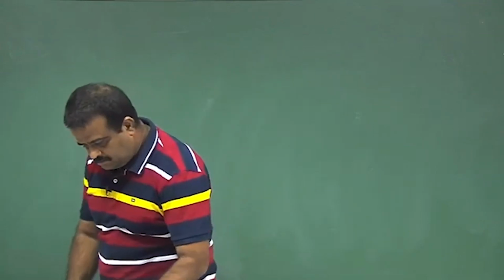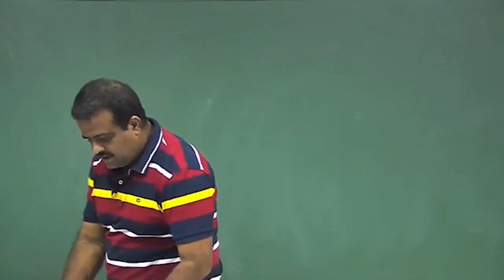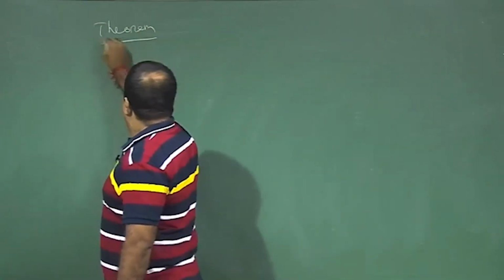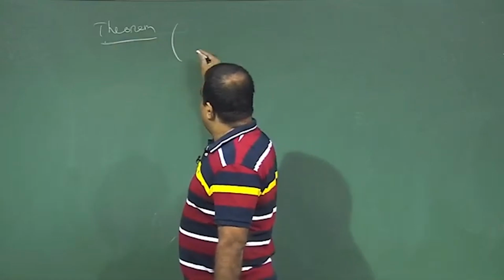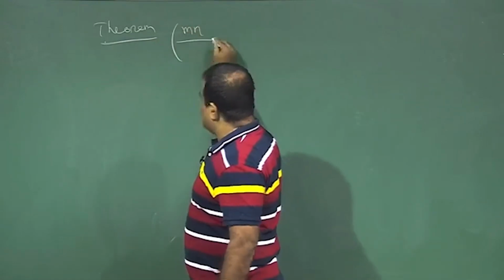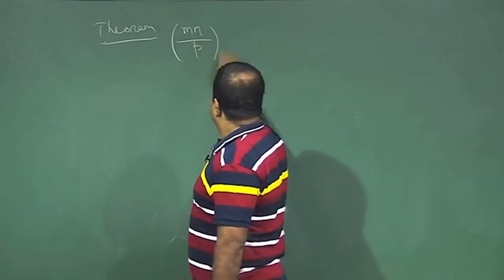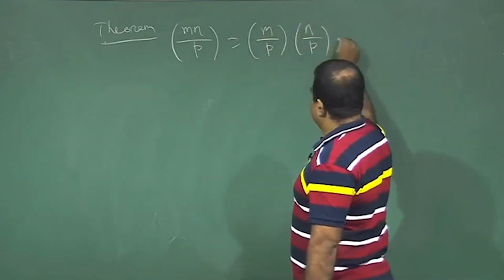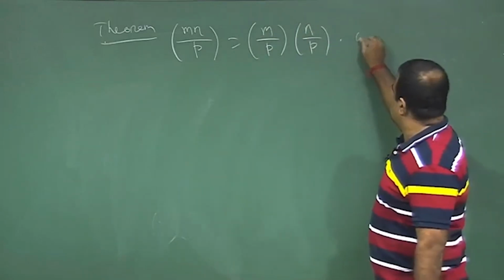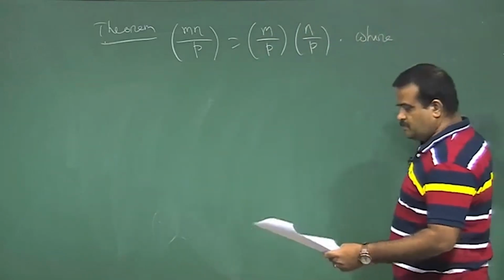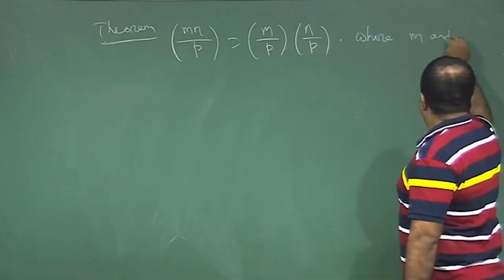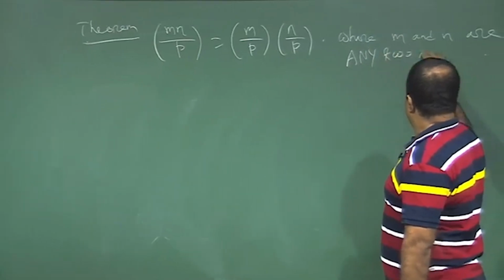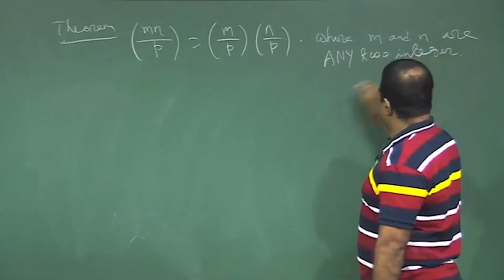Suppose P is prime, and m, n are two integers. Then (mn by P) equals (m by P) times (n by P), where m and n are any two integers, but here P is a prime.